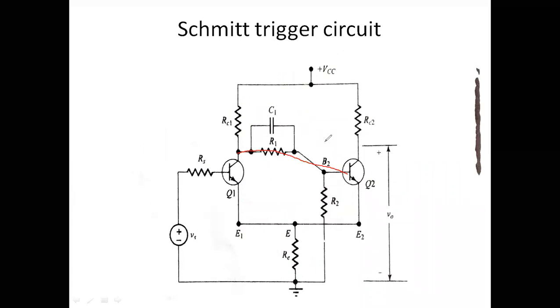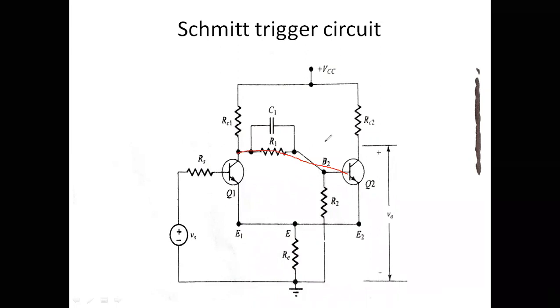For the circuit to operate as a multivibrator, it will depend upon the loop gain, which we already saw in the introduction classes. Depending upon whether the loop gain is greater than one or less than one, we operate it as a bistable multivibrator or as an amplifier, simply a regenerative feedback amplifier.